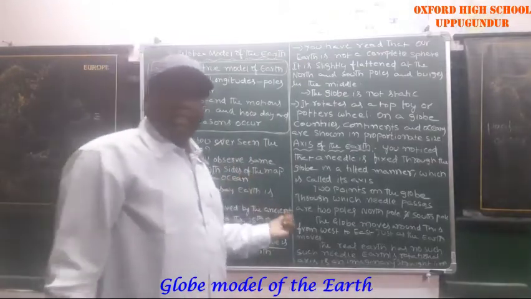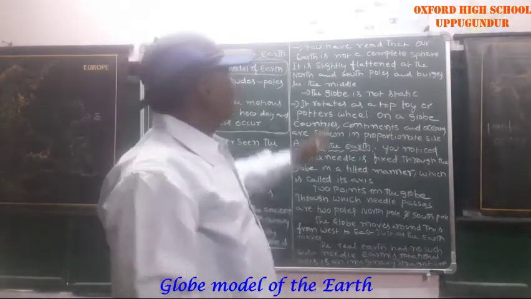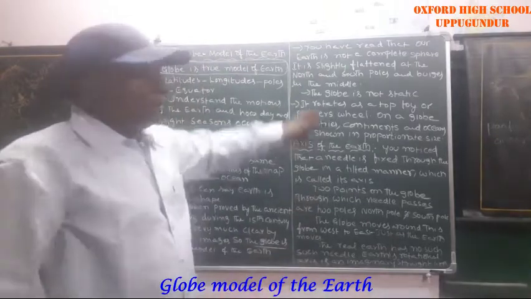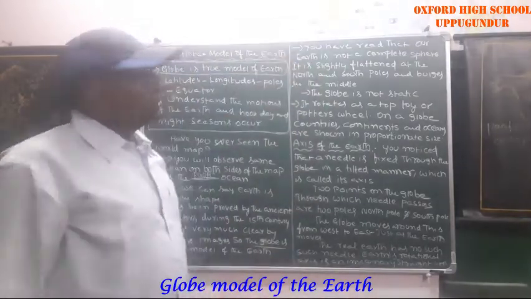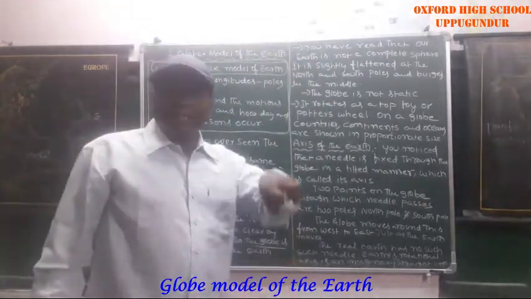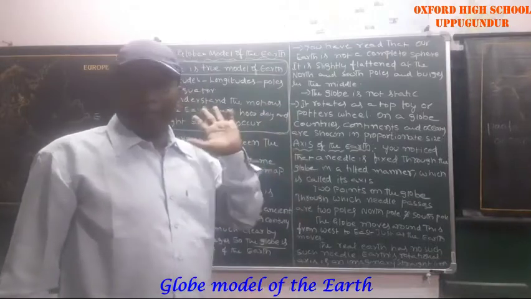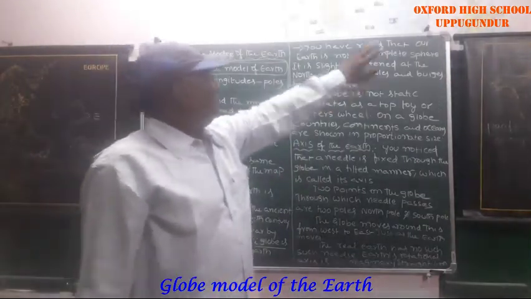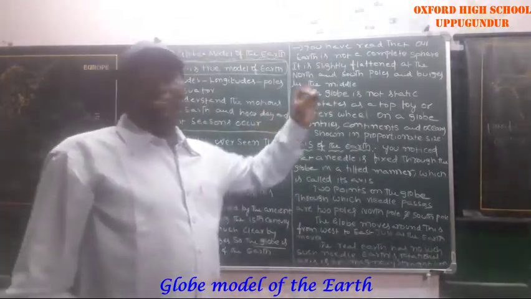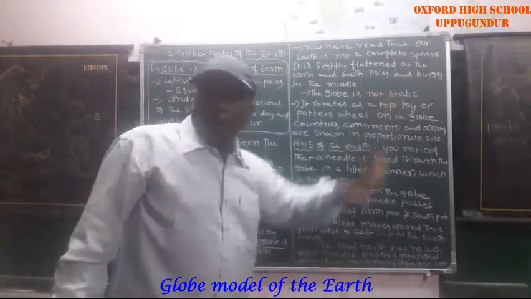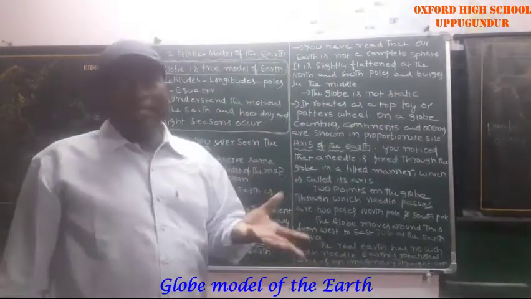Ancient navigators. Then, what you have read in the previous classes, the earth is not completely a sphere. It is slightly flattened at the top and bottom, and in the middle it is bulged.